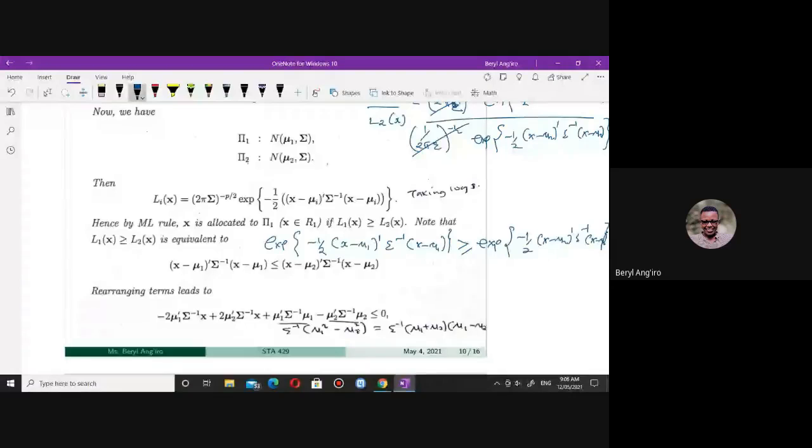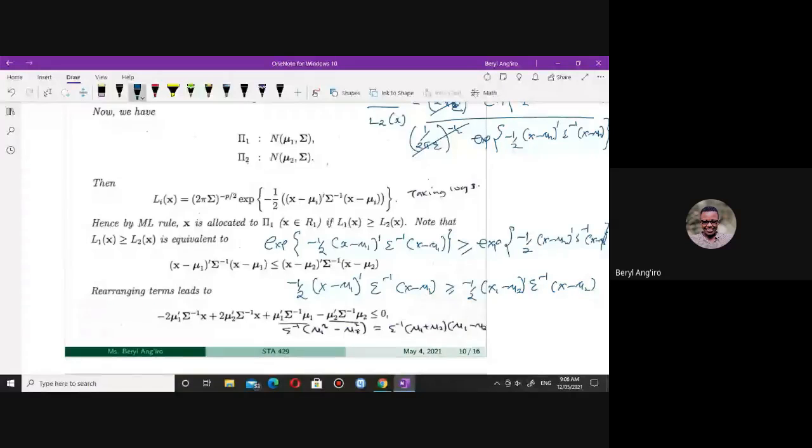Then if you take logs on both sides, the exponentials will go. So we remain with minus a half (x minus mu1) transpose sigma inverse (x minus mu1) is greater or equal to minus a half (x minus mu2) transpose sigma inverse (x minus mu2).